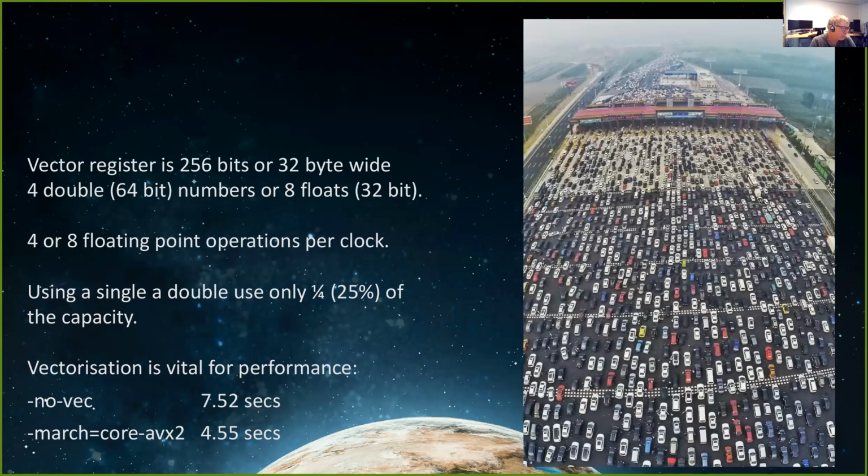With floating point numbers, you can have either 4 or 8 in 256. Some of the Intel processors have 512, but experience has shown that if you run those at full speed, they heat up the processor so much that it clocks down. So it's actually more beneficial to run it at 256. And the AMD processors have 256.